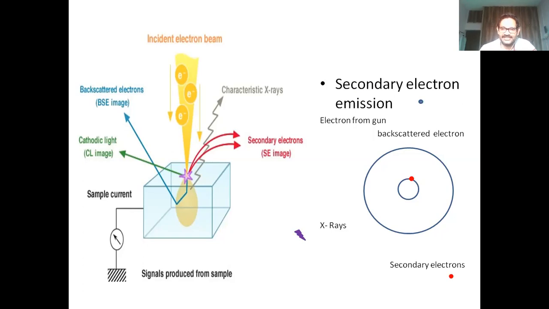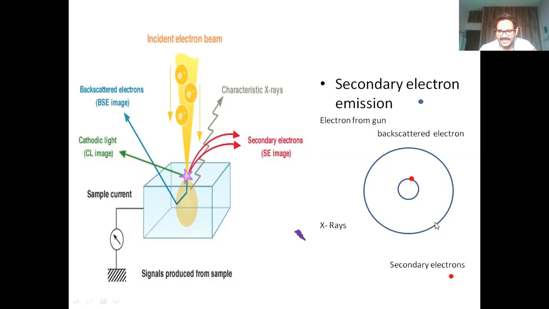A backscattered electron is nothing but the primary electron which hits the atom and moves back again. That is called a backscattered electron. With the depth it will go and come back. The second one is a secondary electron, the electron which comes out from the atoms. Then what are X-rays?